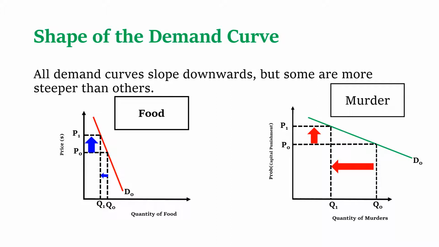So again, the demand for reckless driving, just like murder, is also flat, right? So it depends on what? The price that the culprits have to pay for committing that particular offense. Okay?